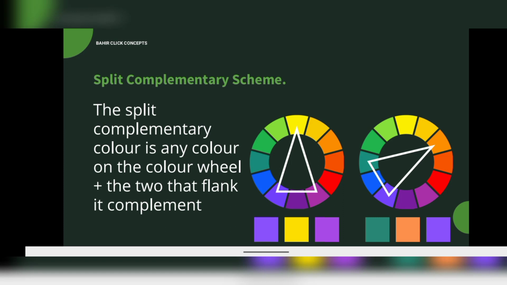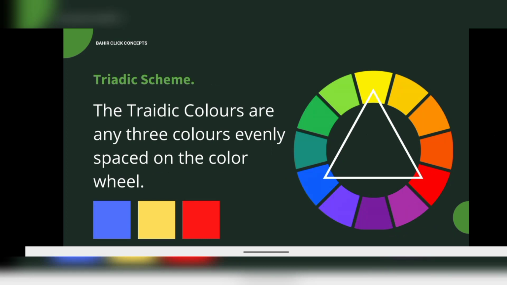The split complementary color is any color on the color wheel plus the two that flank its complement. The fifth color scheme is the triadic color scheme. The triadic colors are any three colors evenly spaced on the color wheel.